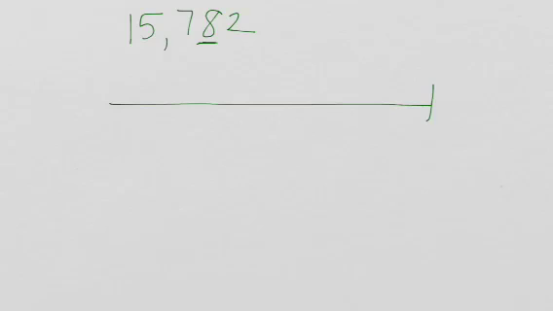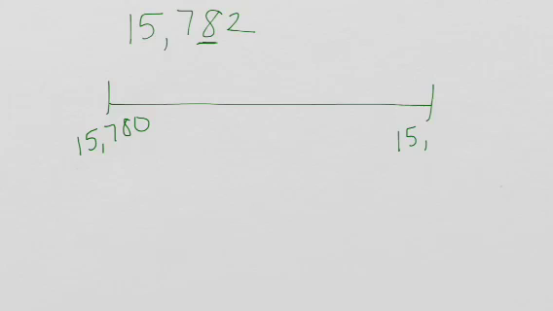Now let's look at a slightly larger number. Let's say we had 15,782. Okay? And let's say, though, we were rounding to a smaller place value, the tens place. Well, thinking of that number line again, I'm going to have to ask myself, is that number closer to 15,780?